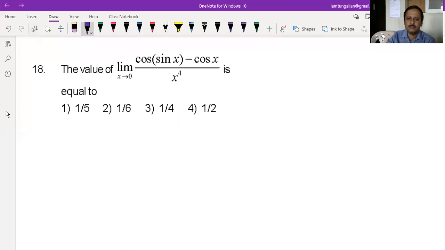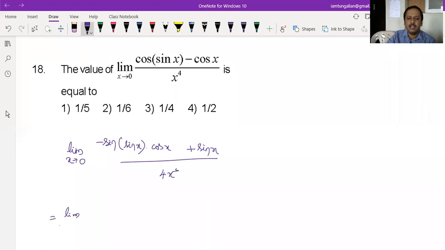If I use L'Hospital's rule, then derivative of this would be minus sin(sin x) into cos x plus sin x, divided by 4x cubed. Now, if I apply the limit, still it is 0 by 0 only. Again, you have to use L'Hospital's rule. Now, it is not that easy differentiating it.